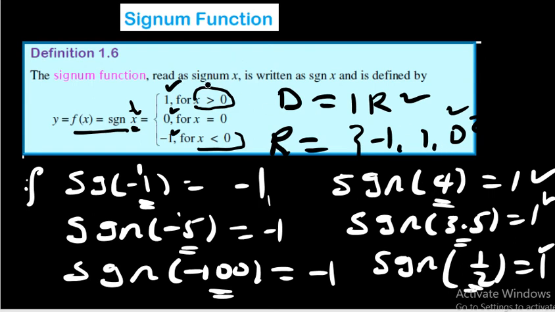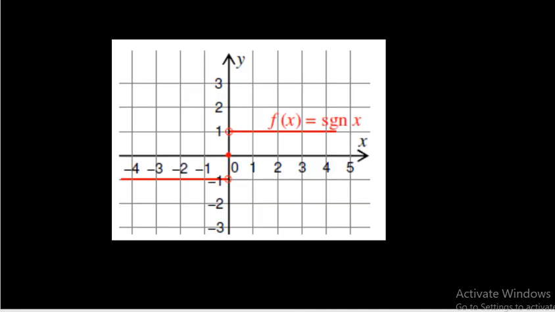How does the graph of the signum function look? Let us see. The graph looks like what you see here on the screen. For any input, if you take 1, the outcome will be 1. For 2 on the x-axis, the output will be 1. For 3, just 1.